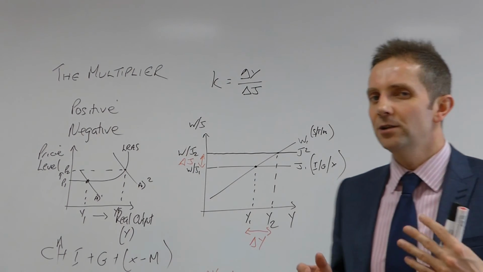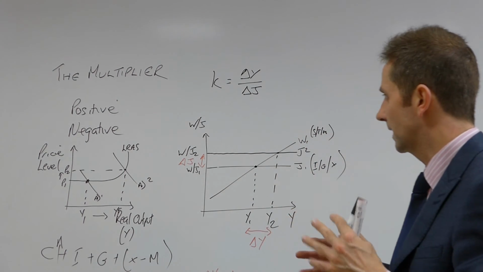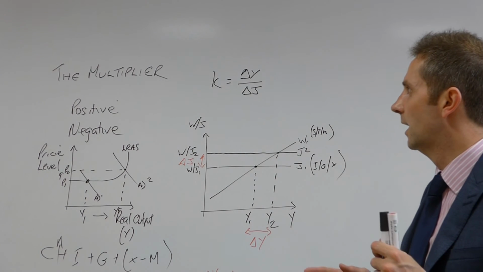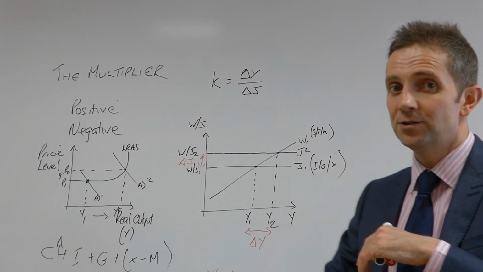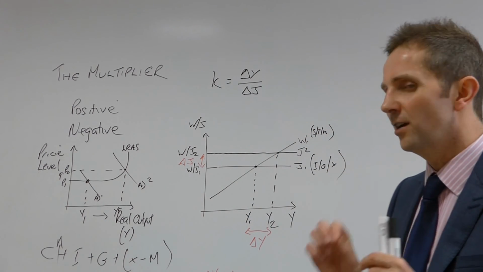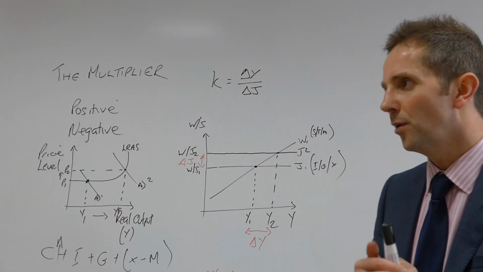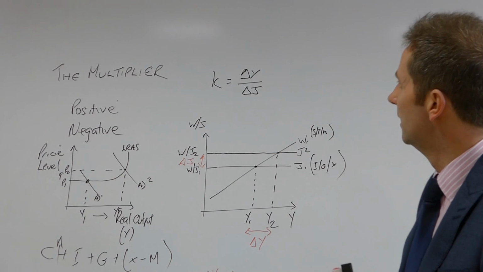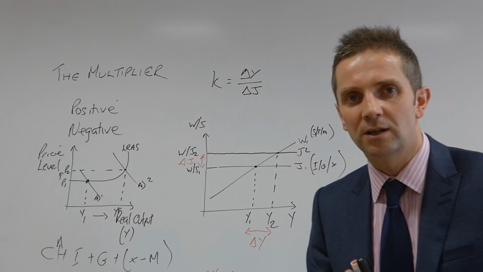So, just a little note on the multiplier. It's something which has been asked in the past, not answered particularly well, and so just be prepared either to include it in your essay at the end of the 582 paper, or if you're asked something more specific, and it would probably be only maybe a 2-mark question, 4 at the absolute maximum, to explain it as I've just done.